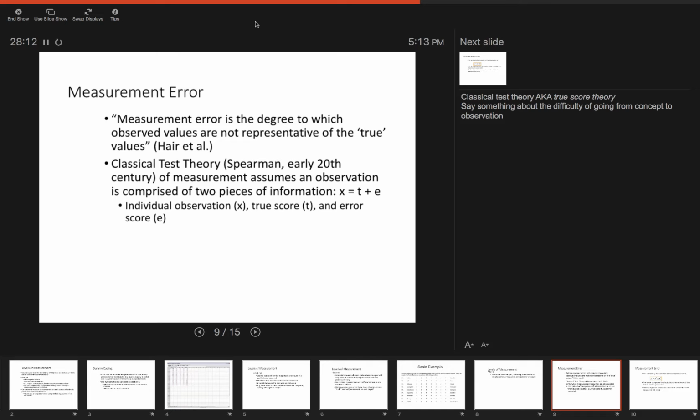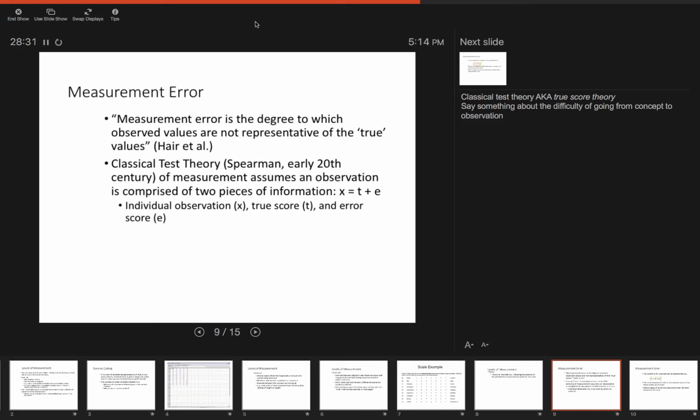We're trying to get at that. One way to conceptually think about it dates back to the early 20th century, and if you pick up a statistics book, you'll see people still talking about classical test theory.